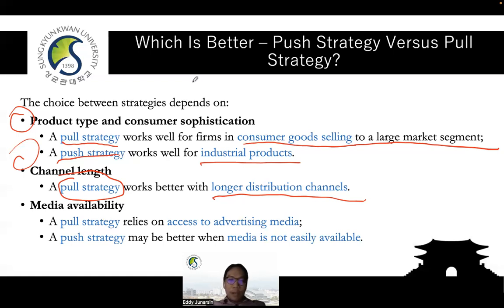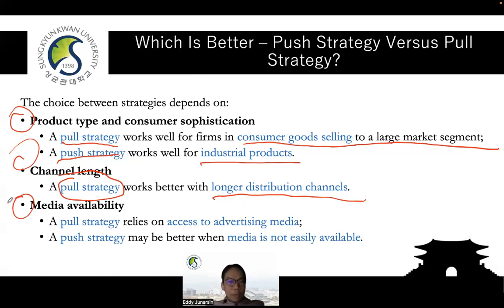I have the wholesalers, retailers, and end users. So this kind of media would enhance the repetition of messages, would confirm the messages again and again in the ears and mind of the consumers.